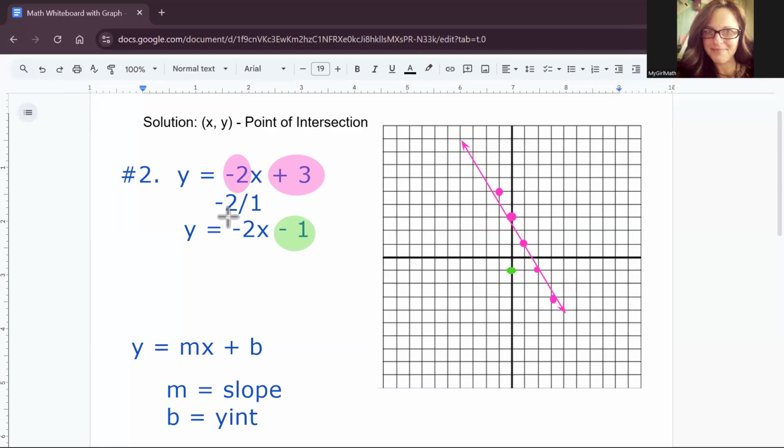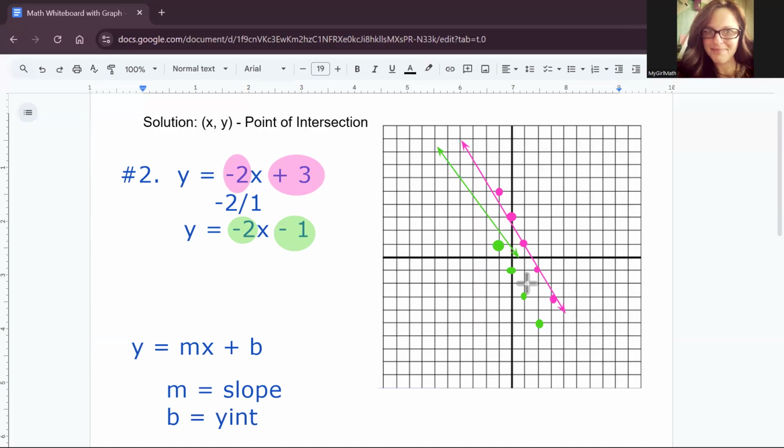And we have the same slope as the first line. Down 2 to the right 1. Up 2 to the left 1.